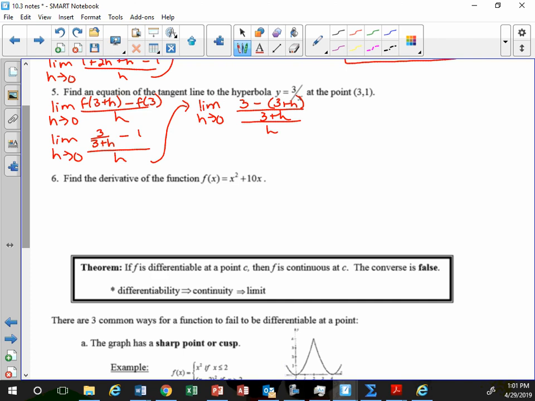Okay, that's just common denominator. Then I simplify. 3 minus 3 is going to be 0. Then I'll have negative h over 3 plus h divided by h, remember it's times 1 over h. Cancel out my h's, plug in 0, I get negative 1/3.